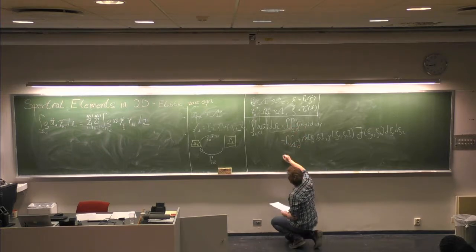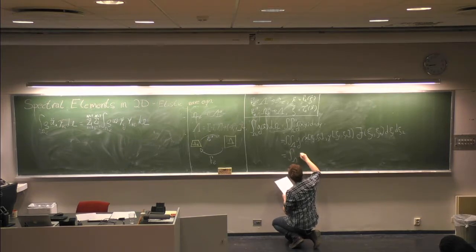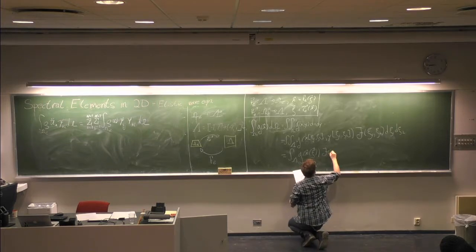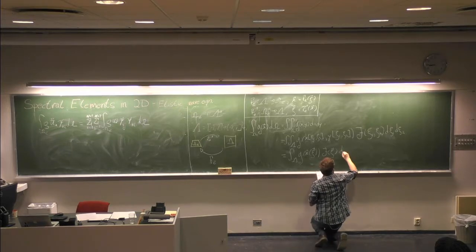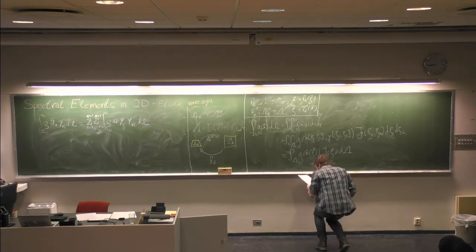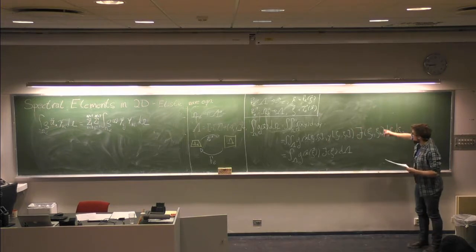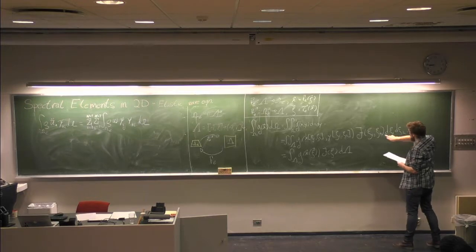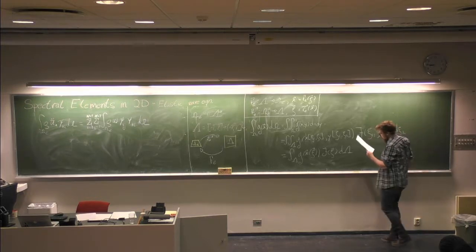A shorthand notation for this would be g of big lambda. So this is basically the same, but in a vectorized notation. And then there's J here.